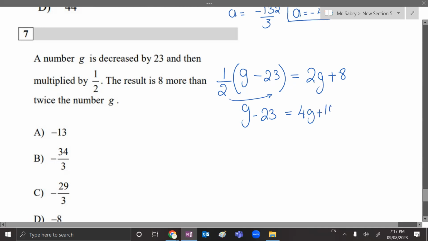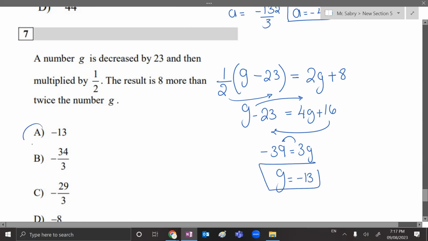So this will become 4G plus 16. I'll move this G to this 4G, and I'll move the 16 to the other side. I'll have negative 39 equals 3G. I'll move the 3 to the other side, so G will equal negative 15. Please ask if you have any questions in this one. This is an important one.